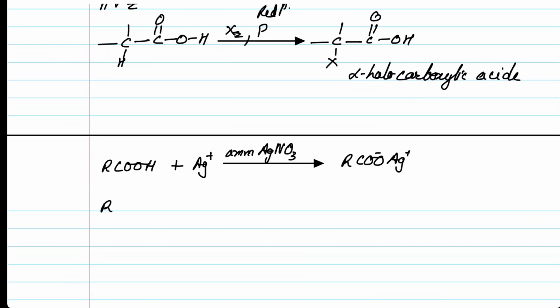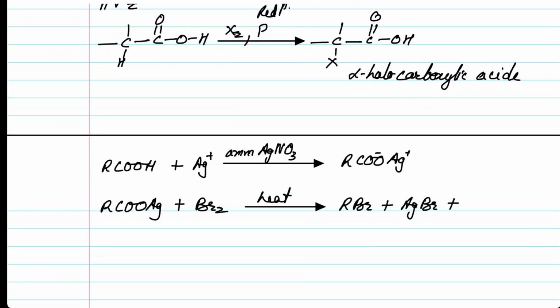This silver carboxylate, when treated with Br2 and heated, gets converted into RBr along with AgBr along with CO2. This is also a kind of decarboxylation reaction.